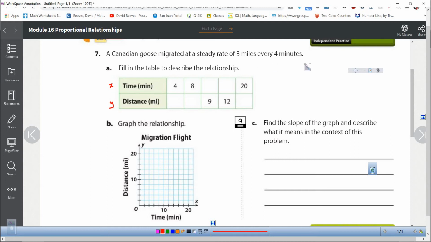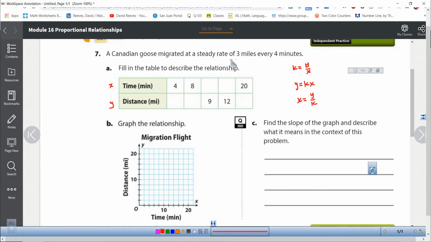And remember, in proportional relationships, we can say that k is equal to y divided by x. The constant of proportionality is y divided by x. We can write the equation y equals kx. And if you need to find x, you could take y and divide it by k. Those are all different ways of describing proportional relationships.